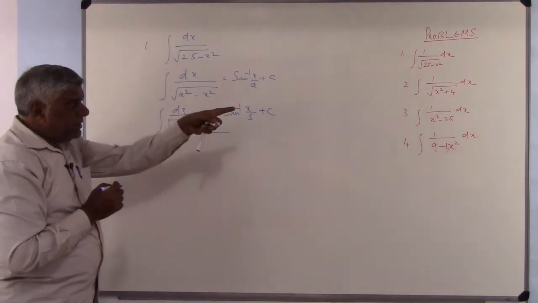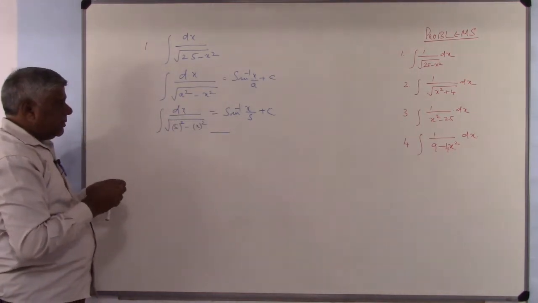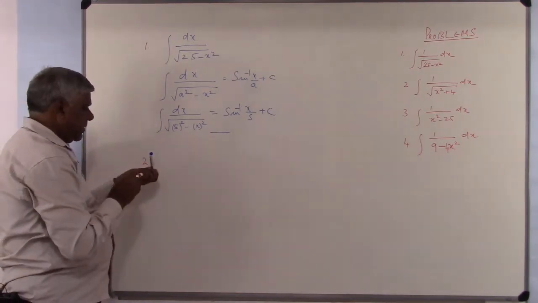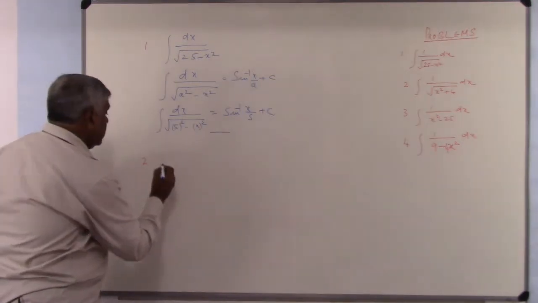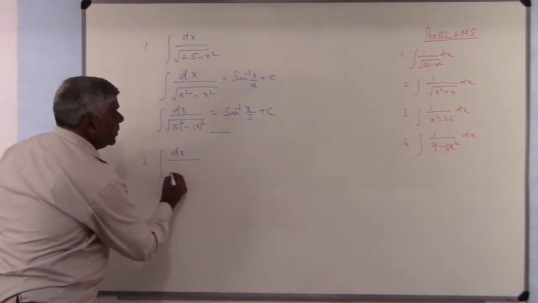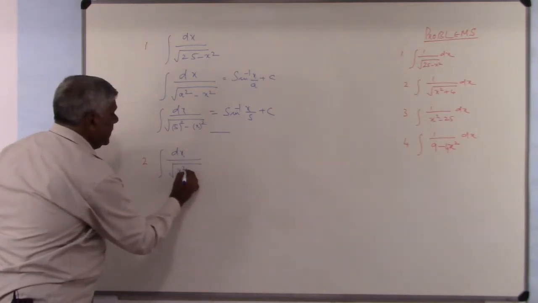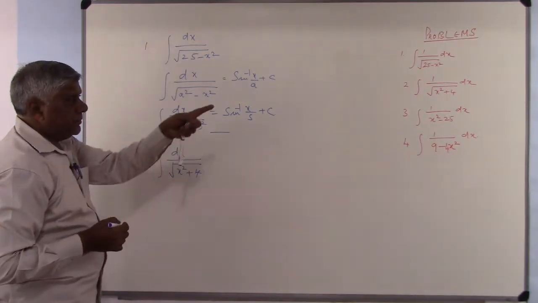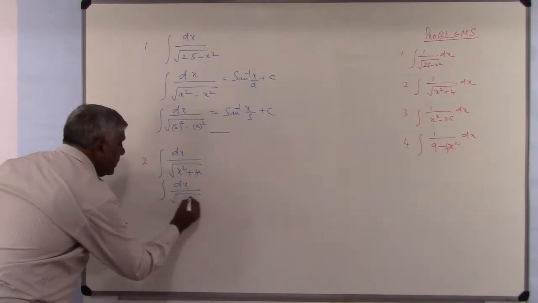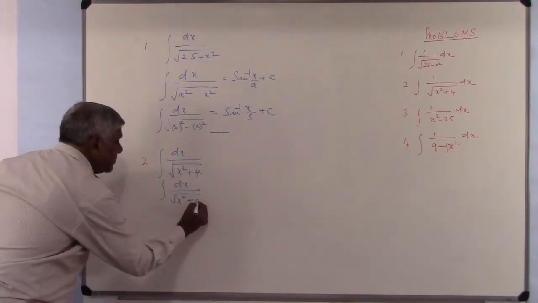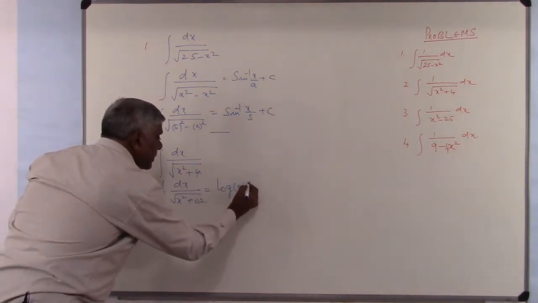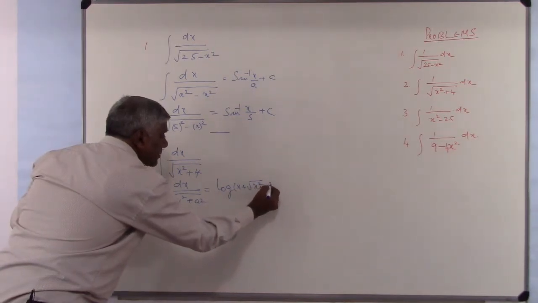Now similarly, we will see the second problem. It is altogether a different problem. Integral dx by root of x square plus 4. This is in the form dx by root of x square plus a square, which is equal to log of x plus root of x square plus a square.